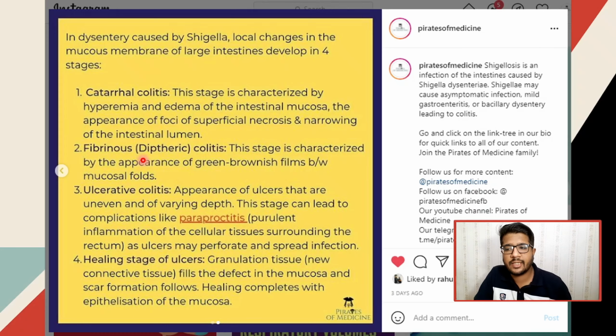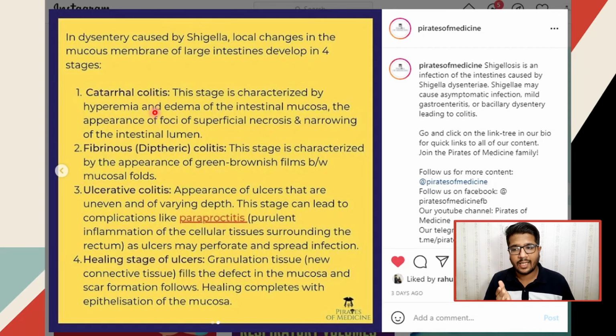If you follow us on our Instagram, we posted this a while ago. When Shigella caused dysentery is happening in a person, there appear various local changes in the intestine. These pathological changes follow a particular order. First of all, we have catarrhal colitis, the first stage that develops.